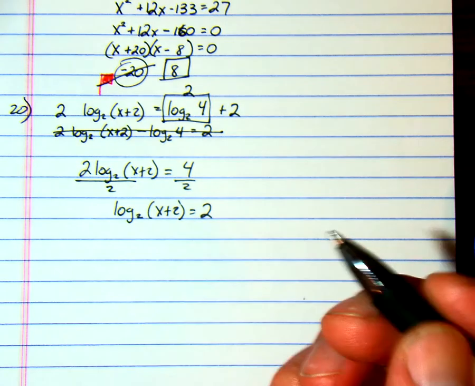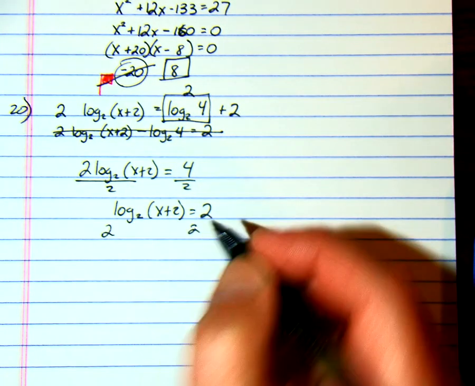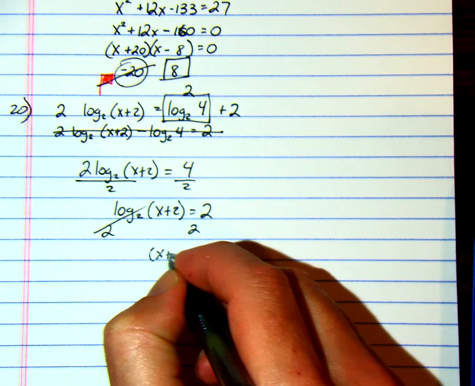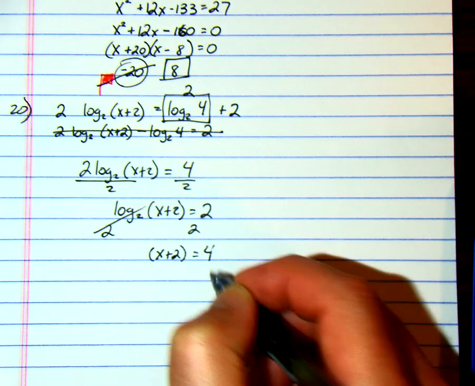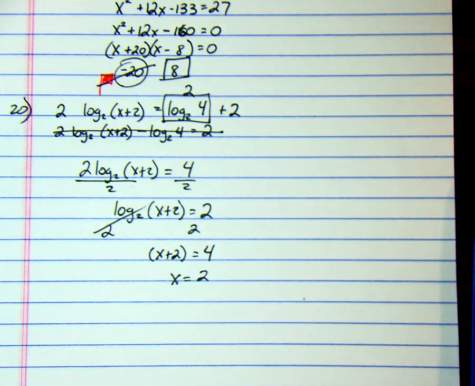So it's, again, your preference. You could turn it into exponential form. We could raise each side to be a power of 2. So that means that x plus 2, I have no idea why I wrote the parentheses, that's going to equal 4. So x equals 2 when I subtract that across there. And that looks like it's going to, variable-wise, we're going to be okay with that. So that's all there was to that.